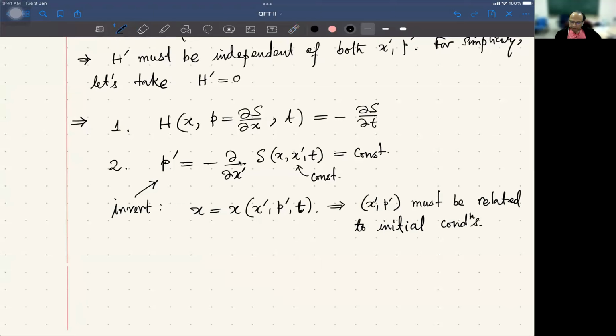When you write x as a function of x prime, p prime, t, where x prime, p prime are related to the initial conditions x0 and t0, then that must be the solution of the dynamical problem.